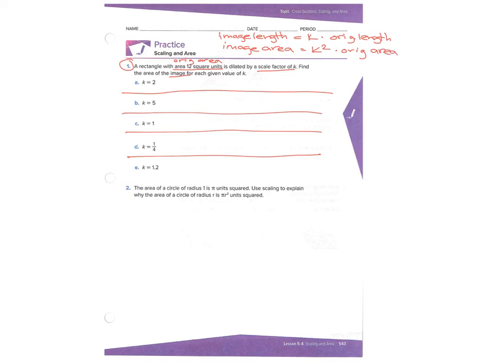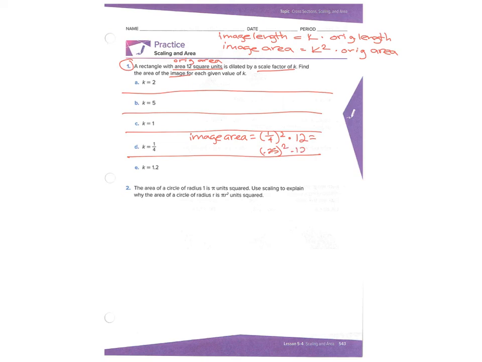So when I set this up, let's do the fraction 1/4. My image area, that's what I'm trying to find, is equal to my K squared, so it's 1/4 squared, times my original area, which is 12. So grab out your calculator, do 1 divided by 4 and press equals. You should get 0.25.